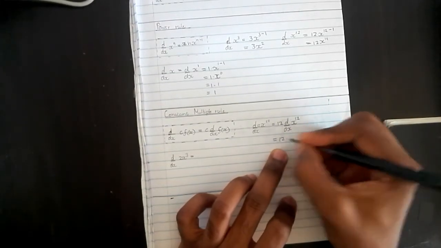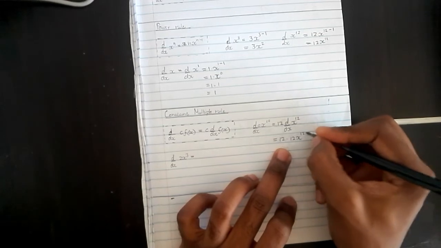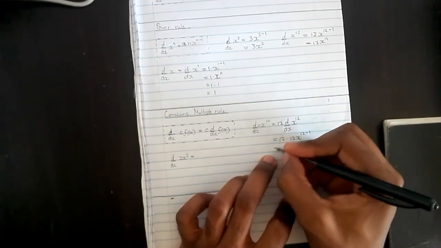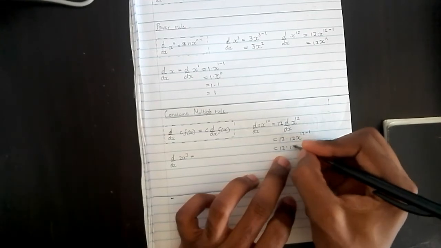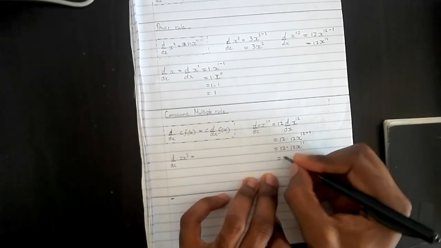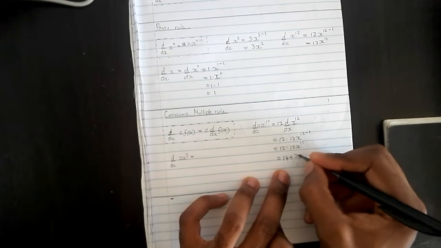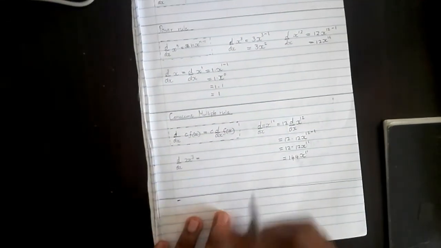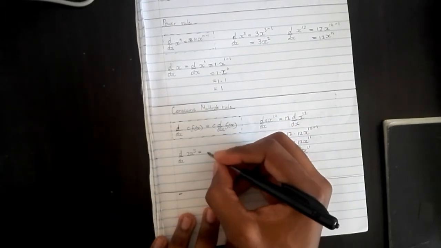That will be 12 times 12x to the 12 minus 1 as we learned previously, which is 12 times 12x to the power 11. Simply multiplying 12 times 12 is 144, x to the power 11. Let's do a much simpler one. Probably should have started with that.